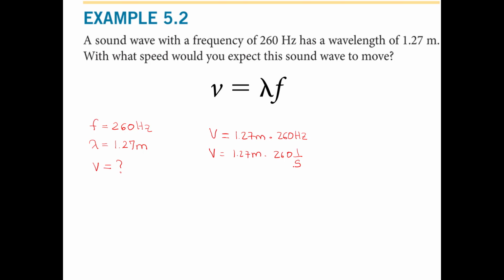And the units we expected for speed will be meters per second. You can see meters times 1 will be meters over second. Then we had the correct unit. If we multiply these two numbers, we will get 330 meters per second. Then the velocity of the sound at this frequency will be 330 meters per second.